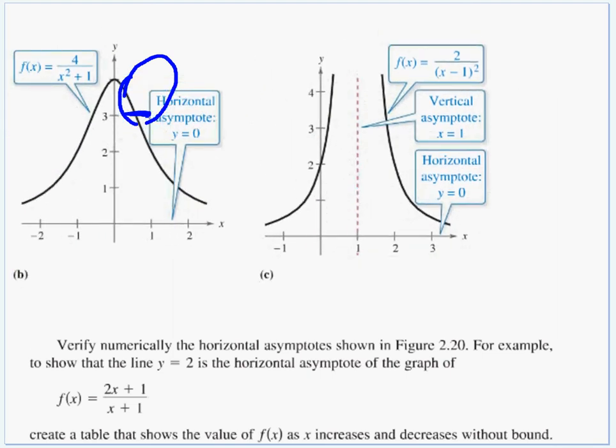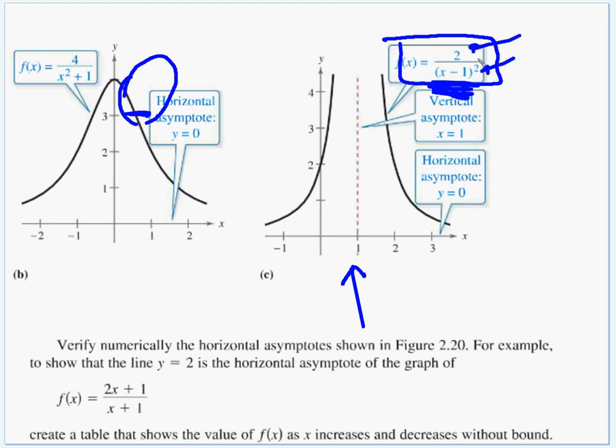Now this last one here, the function is 2 over x minus 1 quantity squared. If you set that x minus 1 quantity squared equal to 0 and solve for x, you get x is 1. So there's our vertical asymptote. In this case, notice the numerator is a positive 2.